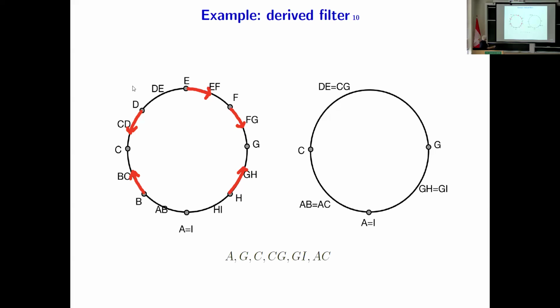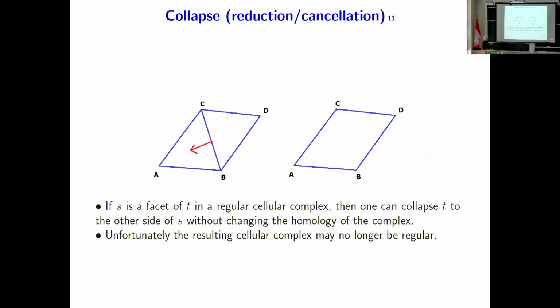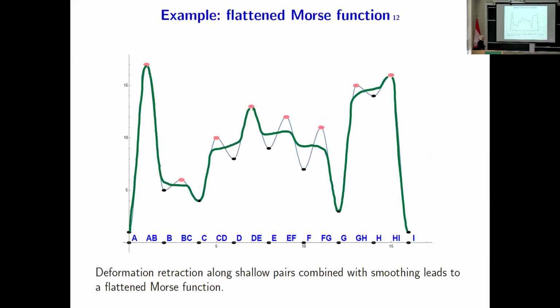The outcome is that now this edge DE stretches from C to G. This is a new cellular decomposition of the simplicial complex. Maybe I skip this. This is a two-dimensional version. Let's stick to the one-dimensional for this talk. So this change of geometry may also be viewed as a kind of flattening of some valleys and mountains.